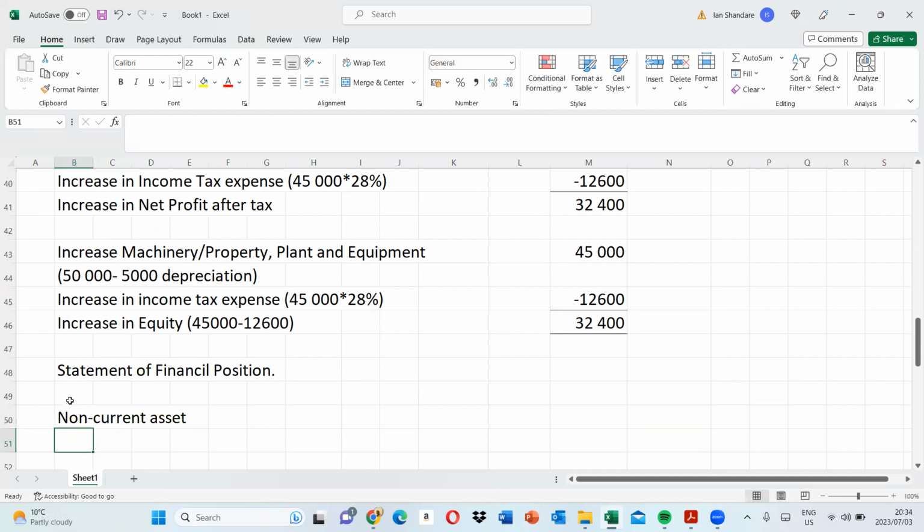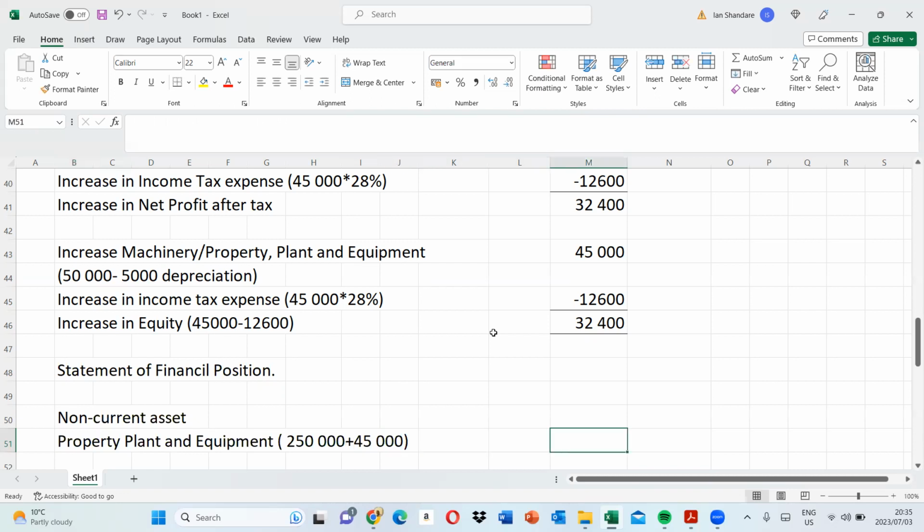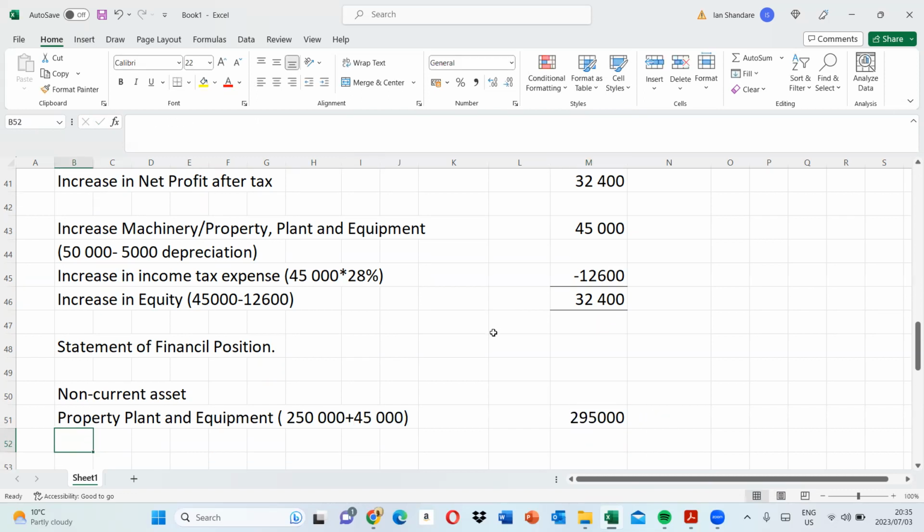They'll give you property, plant, and equipment for 2011, maybe 250,000. So what do you do next? You then have to add the 45,000 so that you have a corrected balance for property, plant, and equipment after you've amended the error. So it will be sitting at this amount.